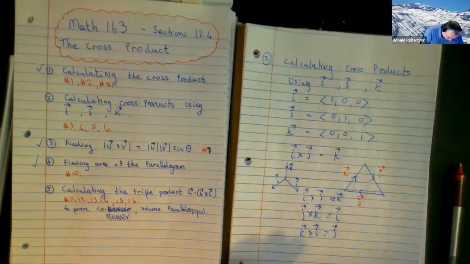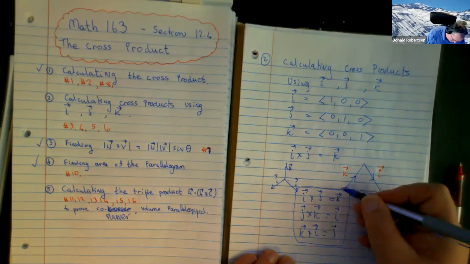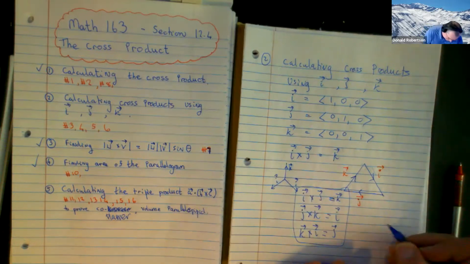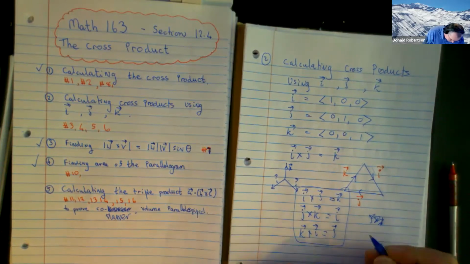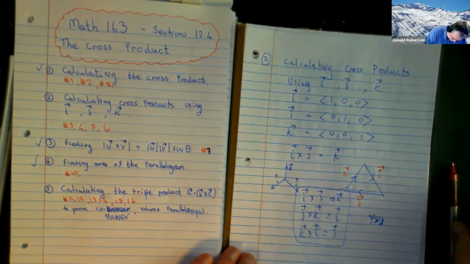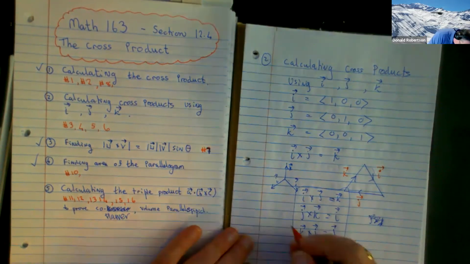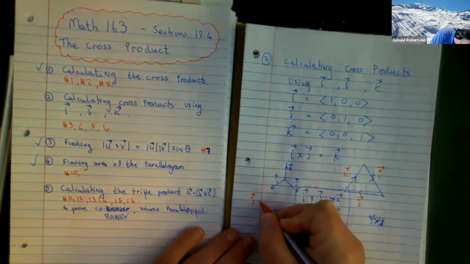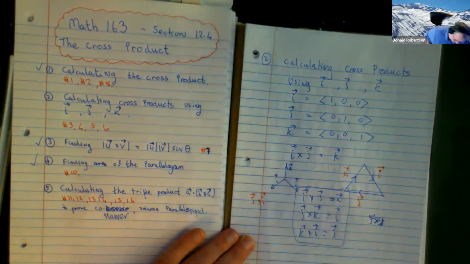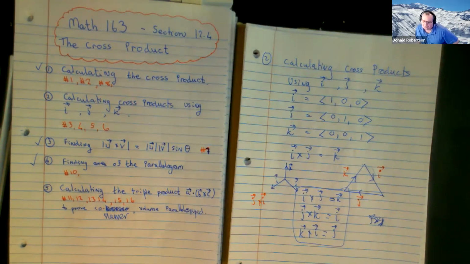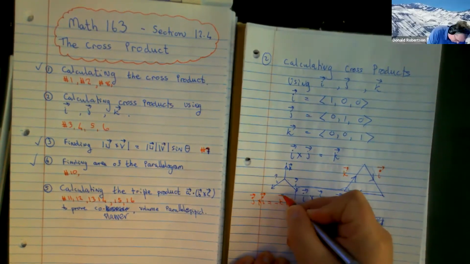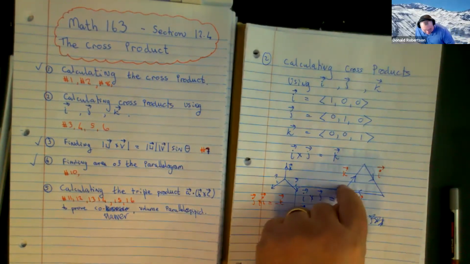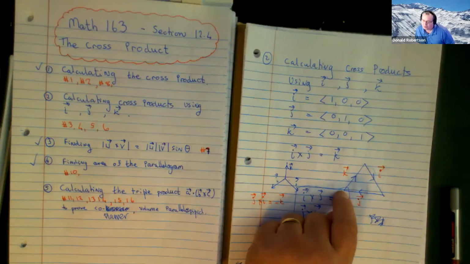Now, we know enough about cross products to know that the order is important. What would J cross I get you? Negative K. So if you want to use this little triangle, if you follow the arrow, the answer is positive.